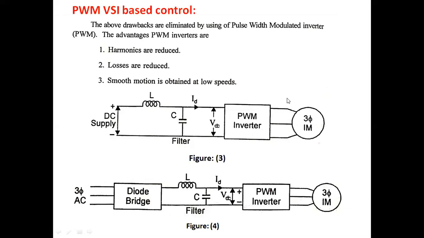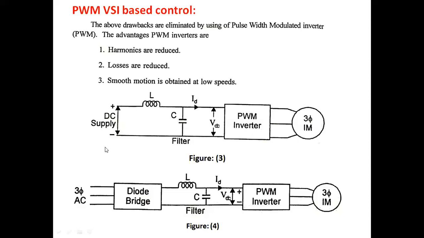Variable voltage is obtained by adjusting the modulation index and pulse width of the PWM inverter, and variable frequency by adjusting the time period of the PWM inverter, so that your induction motor will operate in constant V by F control mode without any external control, using the PWM inverter.